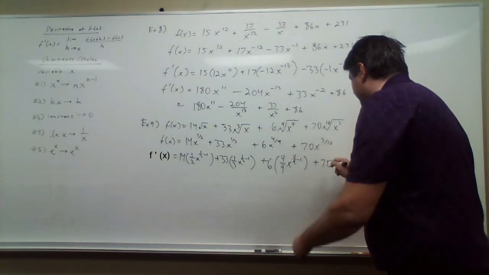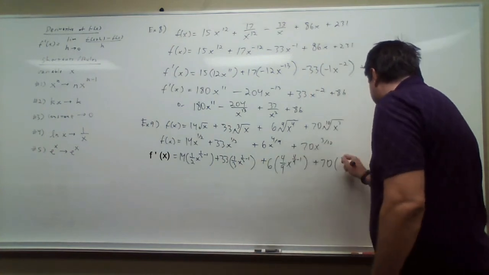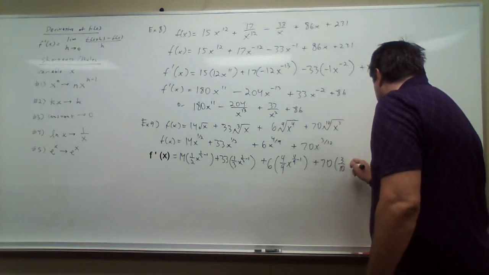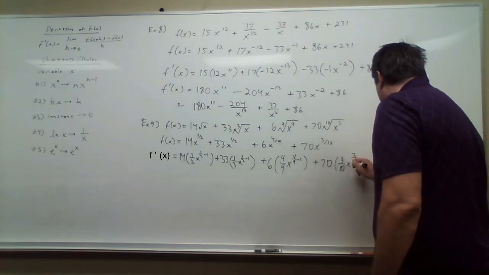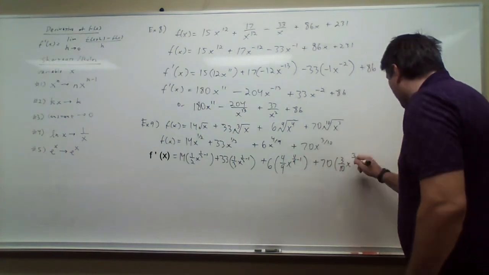Plus 70 over, and then you got to take 3/10 to the front. You will go down a power as well. All powers of x will go down one whole unit.